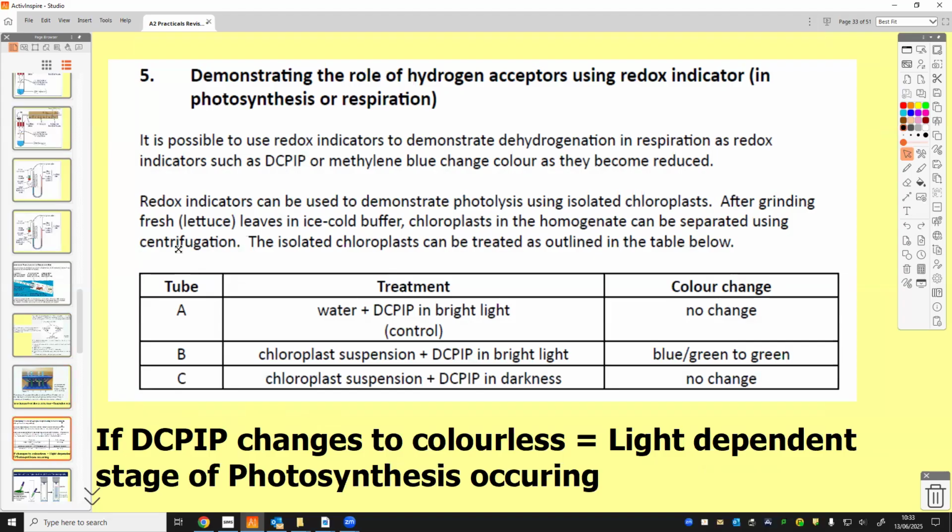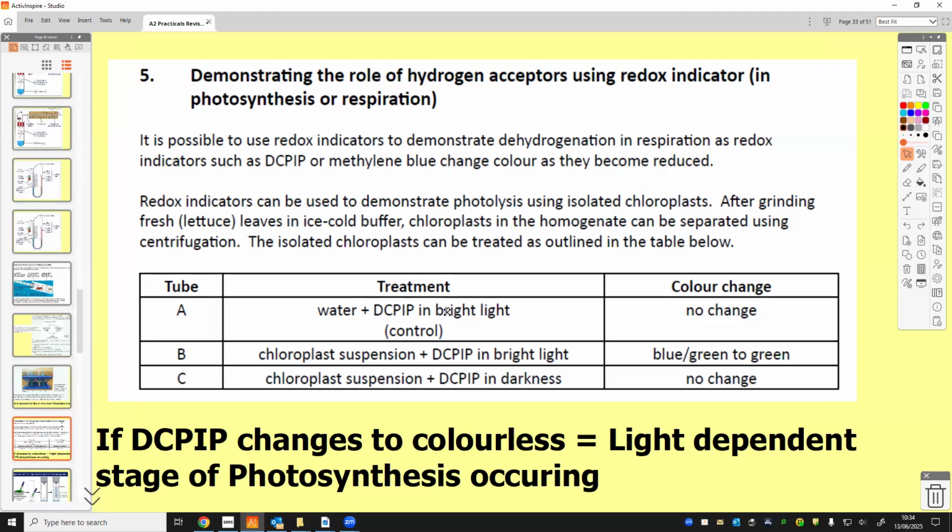It might be that the nucleus is taken out first, and then your chloroplasts will bullet, if you like, towards the bottom or form a mass at the bottom. Lighter ones that might be towards the top, they've sometimes asked about, would be like your ribosomes or Golgi. Those types of things would be higher up in your centrifugation tube. But you isolate your chloroplasts, you use a control tube here. So again, water with DCPIP, it shouldn't change color.